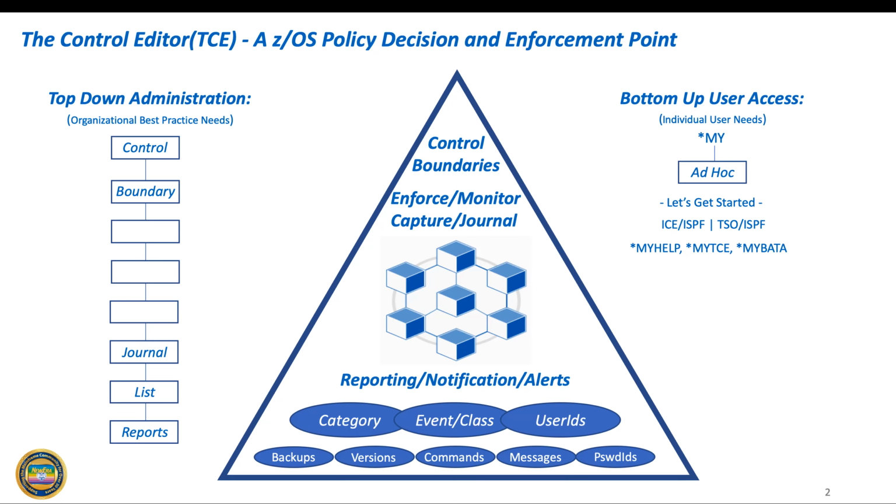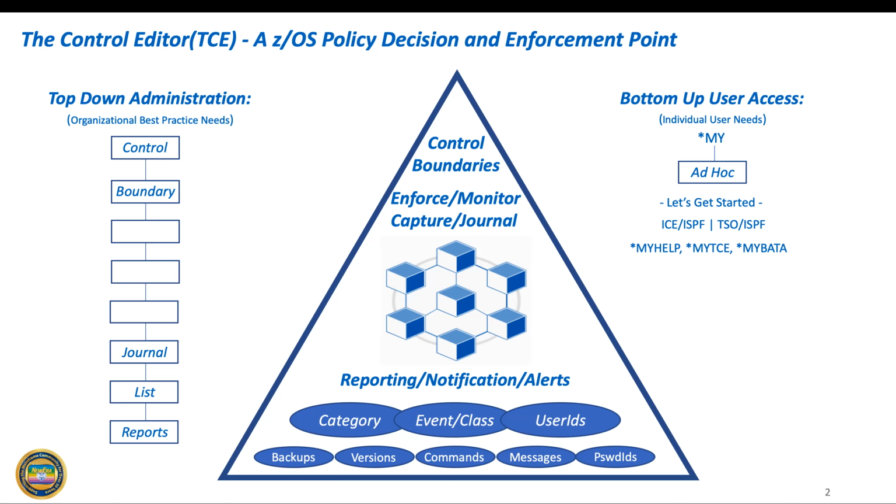The content of those categories is then recorded in the journals on two broad indexes, one that deals with events and the other one that deals with classes. And then a third index, which deals with the specific user ID or job ID that is associated with an event or a class activity around a specific category.